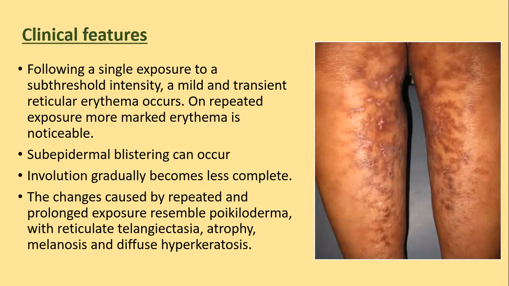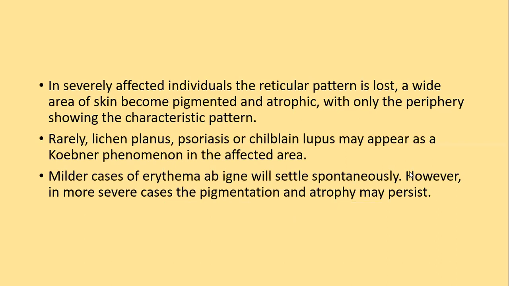Involution gradually becomes less complete, and changes caused by repeated and prolonged exposure resemble poikiloderma with reticulate telangiectasia, atrophy, melanosis, and diffuse hyperkeratosis. In severely affected individuals, the reticular pattern is lost and a wide area of skin becomes pigmented and atrophic, with only the periphery showing this characteristic pattern.